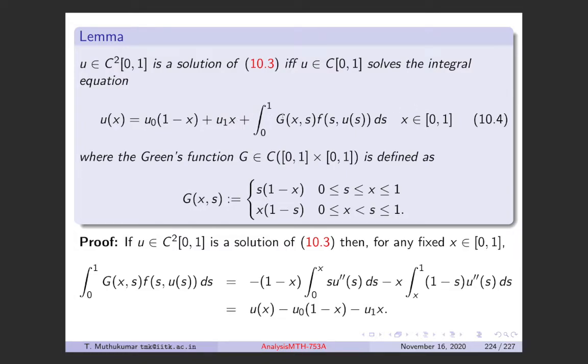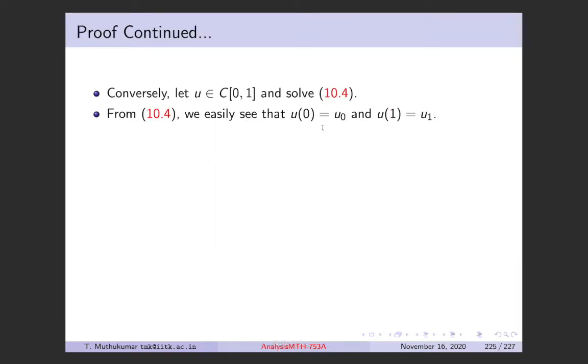By definition, whenever x is 0 and s is bigger, then g0 of s is 0, and the same thing here, so this entire integral is 0, so what is left is u0. Similarly, when x is 1, you will have u1, everything else will become 0. So that u satisfies the boundary conditions is clear, so we have checked the boundary condition.